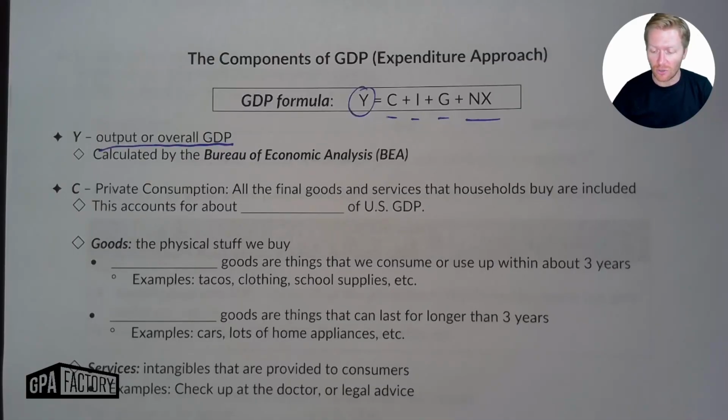So again, the goal here is the expenditures approach, which is how much money is spent in the economy on final goods and services. We say expenditures approach because every transaction has two sides. If we go to a coffee shop and buy a cup of coffee, like $6 for a latte, we pay $6.